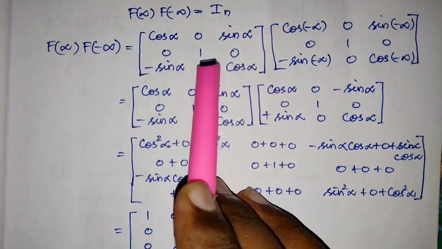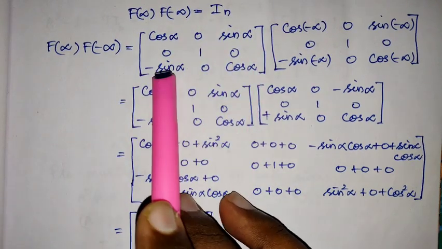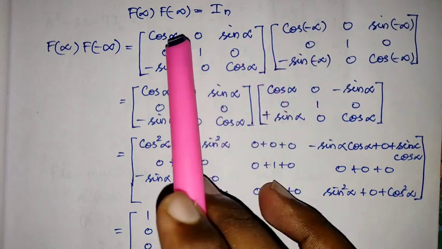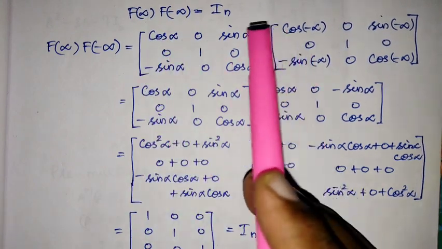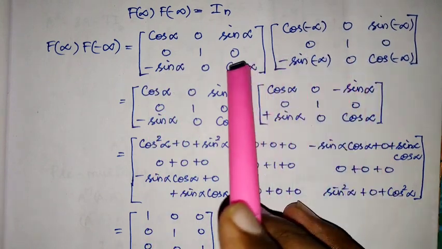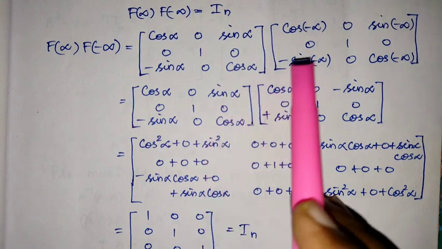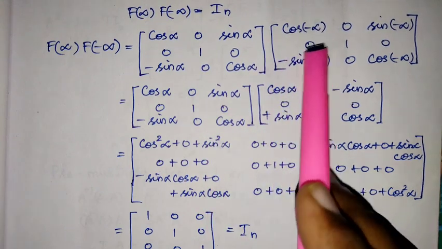In this matrix, all the alpha should be replaced by minus alpha and written next. So cos alpha becomes cos minus alpha, sin alpha becomes sin minus alpha. Similarly, in these two places also we have replaced, and this is written as it is. And you know that cos minus alpha is cos alpha.